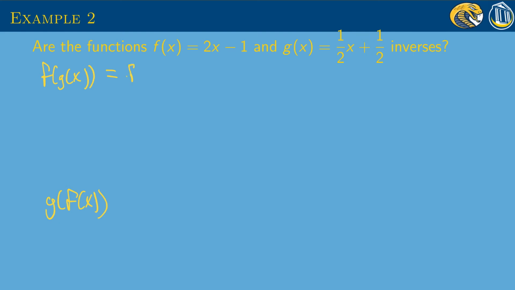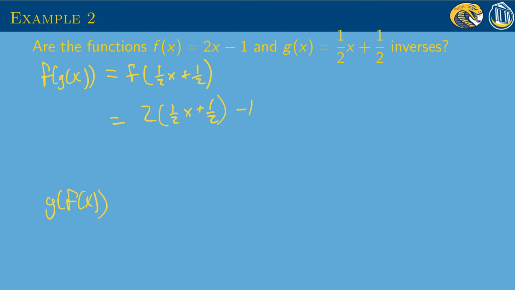That means we'll write f of 1/2 x plus 1/2. We're going to say, what does f do? Well, just like before, it takes its input, doubles it, and subtracts 1. So we'll take our input, 1/2 x plus 1/2, double it, and then subtract 1.